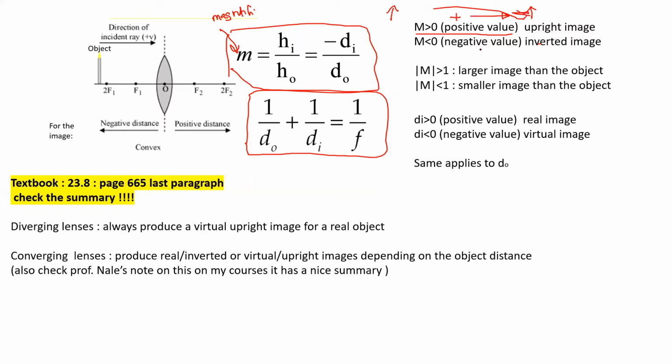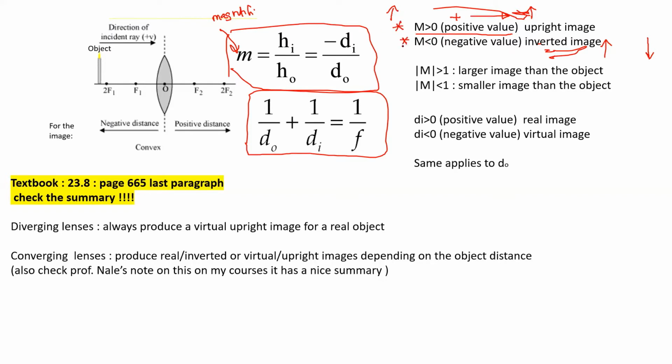That is what positive means. And if M is negative, that means your image is an inverted image. If your object was like this, your image will be upside down. That is what the positivity and negativity of M is.